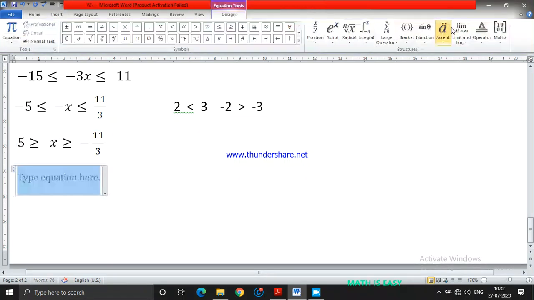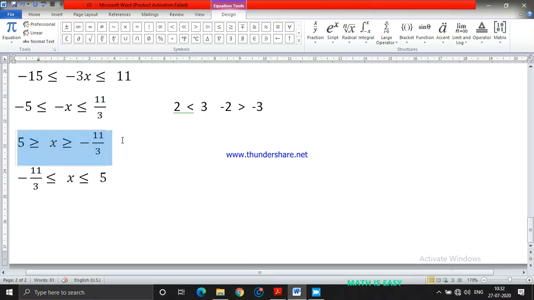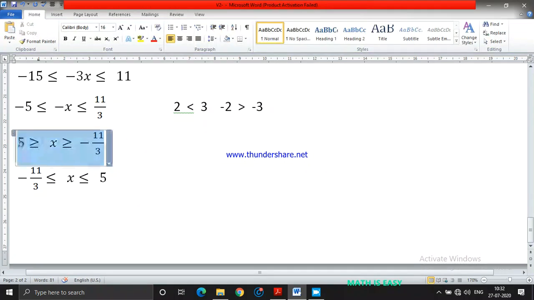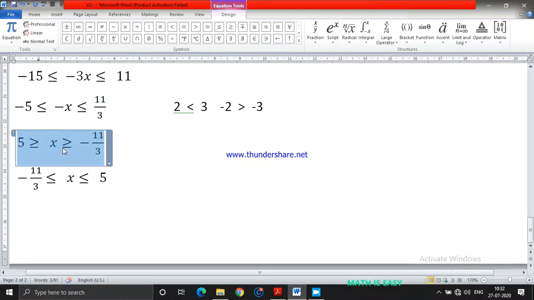So what you can do here is minus 11 upon 3 is less than or equals to x is less than or equals to 5. Okay, if a is greater than b, then b is smaller than a. If this way greater than equality holds, then this way less than sign holds. Minus 11 by 3 is less than or equals to x is less than or equals to 5.